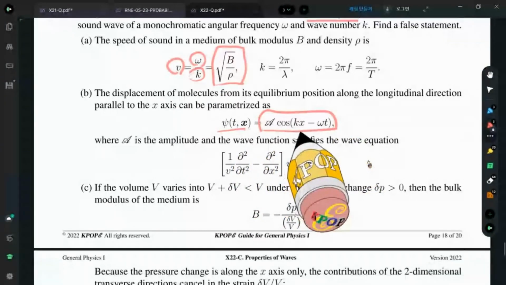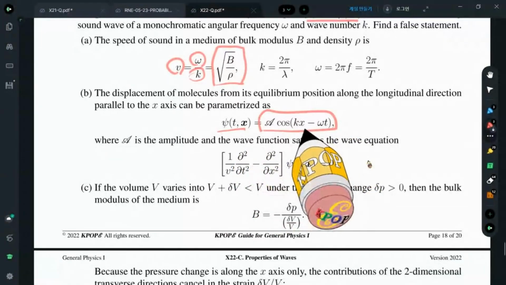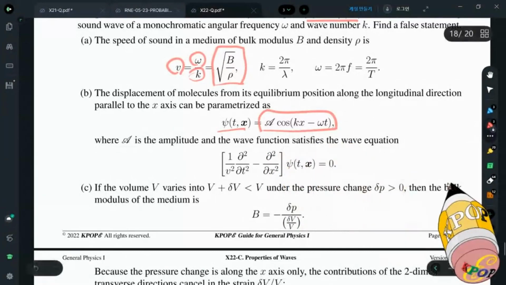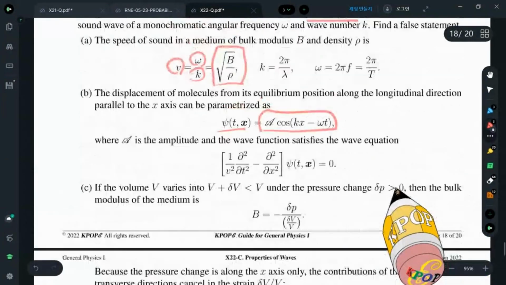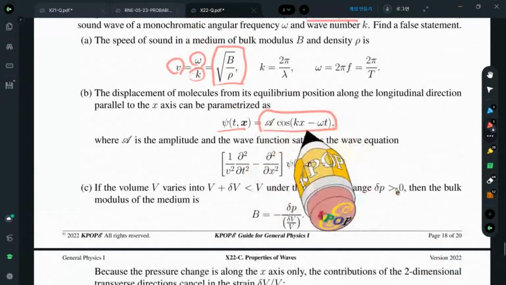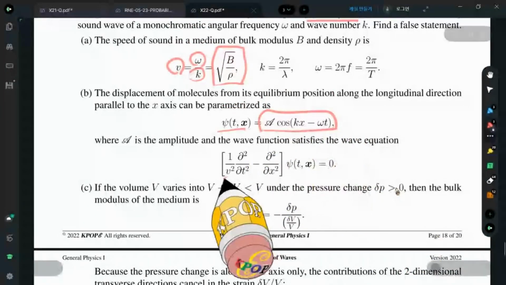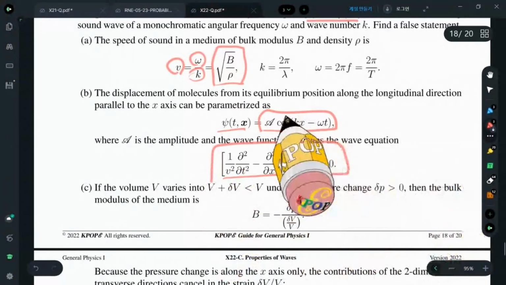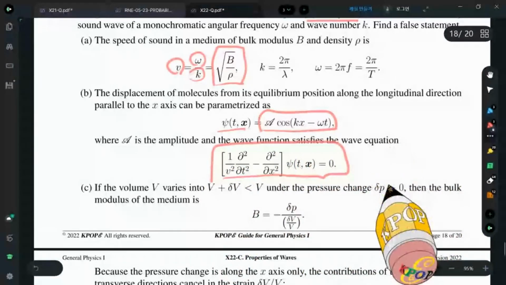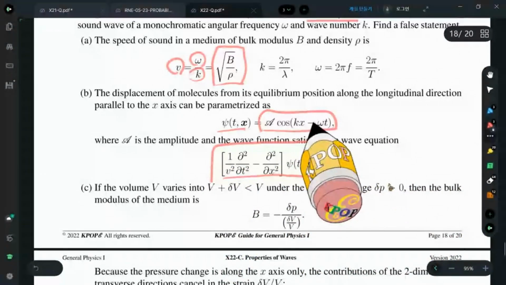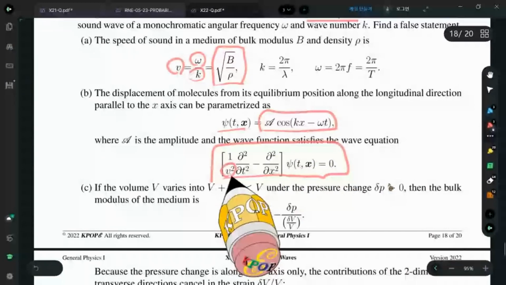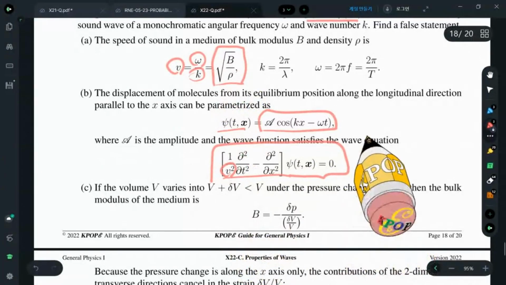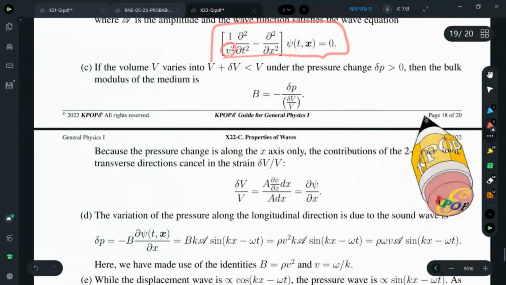It is a longitudinal wave oscillating with the wave number and frequency. We can see it is just one equation that absolutely satisfies the wave equation propagating along the x-axis. And in here, the wave equation determines the speed of sound as the bulk modulus divided by the density of air molecules.